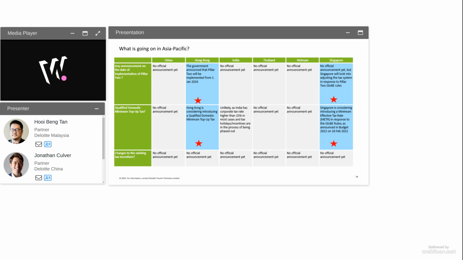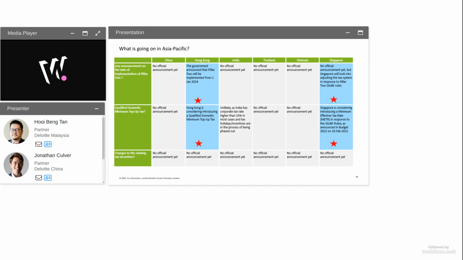So I suppose it could be 2024 as well. It might be 2025. I think they'll look to places like the UK, Europe, etc., to see their timing of the introduction of the UTPR, and then they'll probably coordinate the QDMTT to defend against that. So we've got a bit of timing uncertainty, but that's the latest out of Hong Kong.